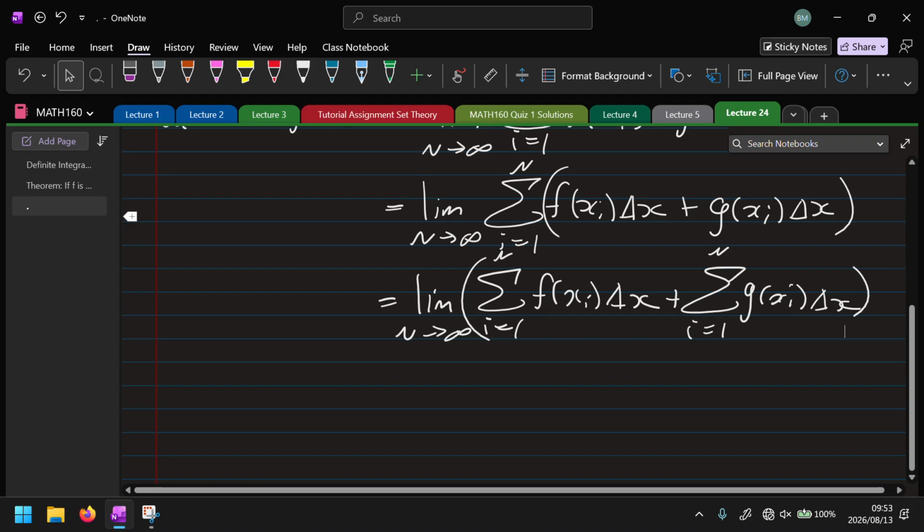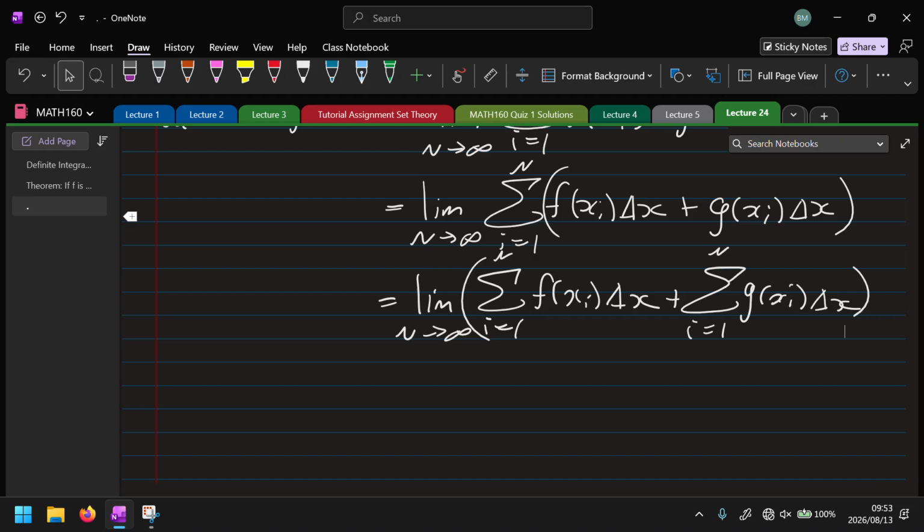So what do we do? We distribute the limits. Now, when can we do that? We can't always distribute the limits. Remember the limit laws? The limit as x goes to a of f of x plus g of x is not always the limit of f of x plus the limit of g of x. When can we distribute? Remember the limit laws? It was limit law number 1.